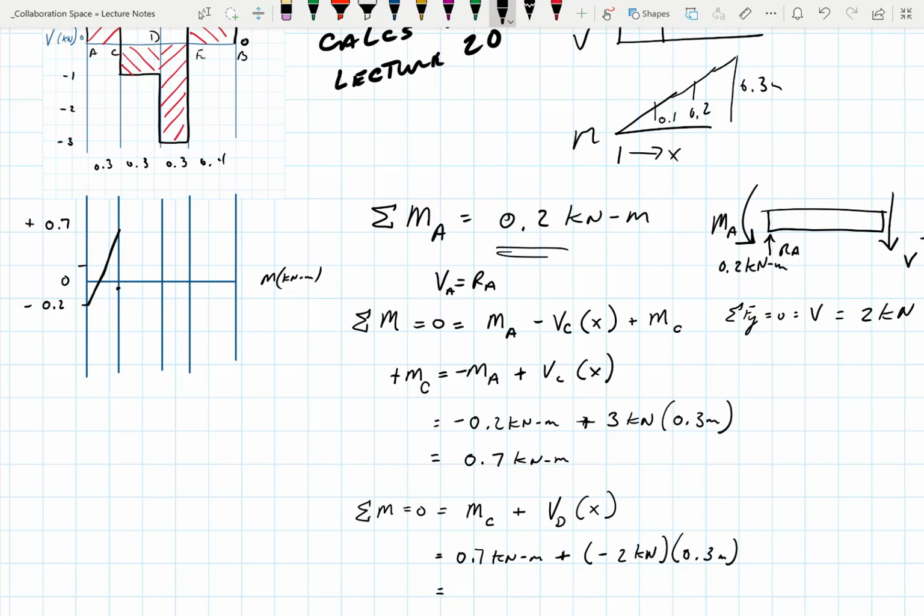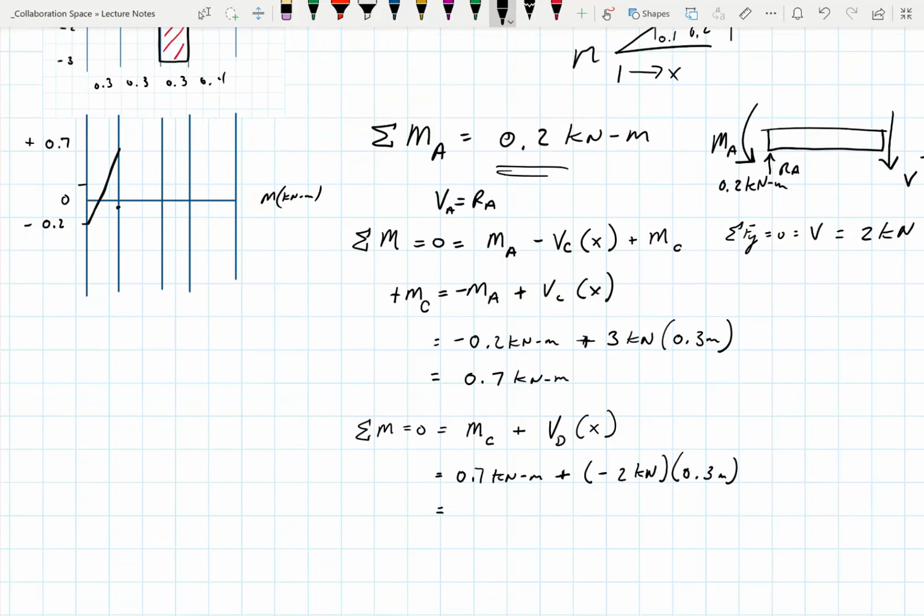All right, so 0.7 times -2 times 0.3 is 0.6. That should give us a positive 0.1 kilonewton meters, okay? So we're right there.